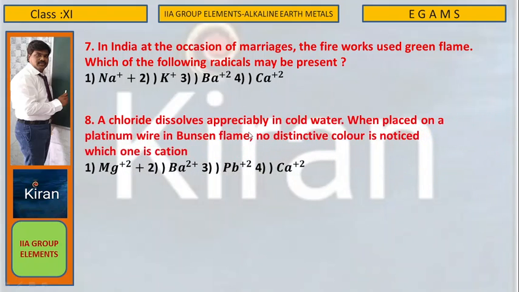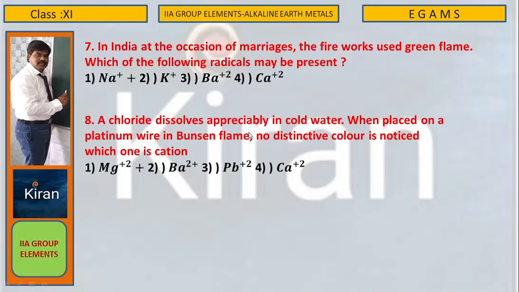A chloride dissolves appreciably in cold water and when placed on a platinum wire in a Bunsen flame, a distinctive color is noticed. Which one is the cation? Magnesium, barium, lead and calcium. So which cation can exhibit this here?